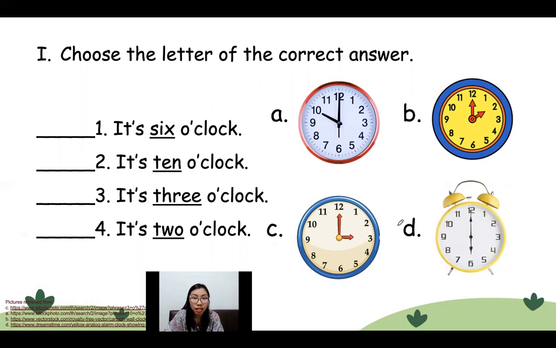A, B, C, or D? And number 4, it's 2 o'clock. What picture shows 2 o'clock? A, B, C, or D? 2 o'clock. The short hand points at 2, and the long hand points at 12.